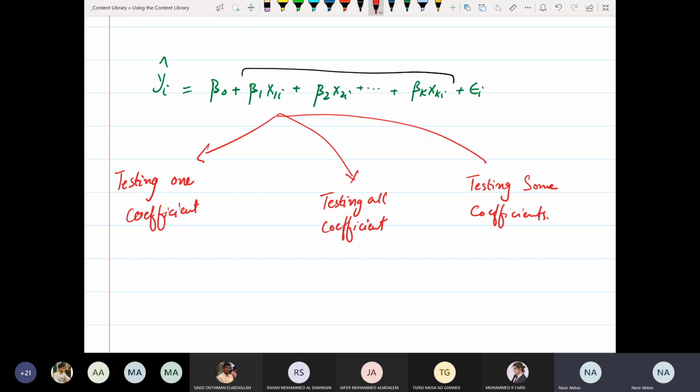These are three different situations that we will discuss in today's class. I'll start with testing one coefficient.